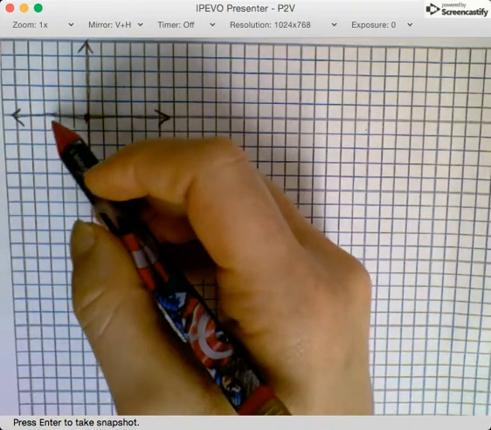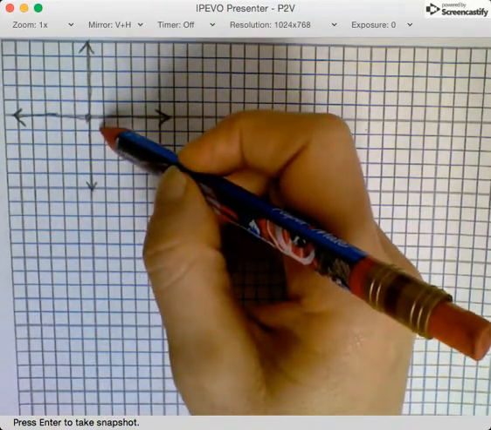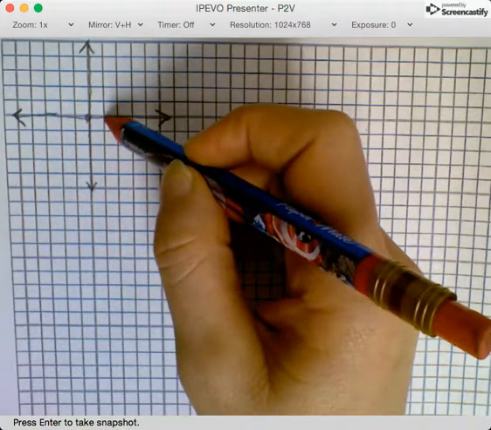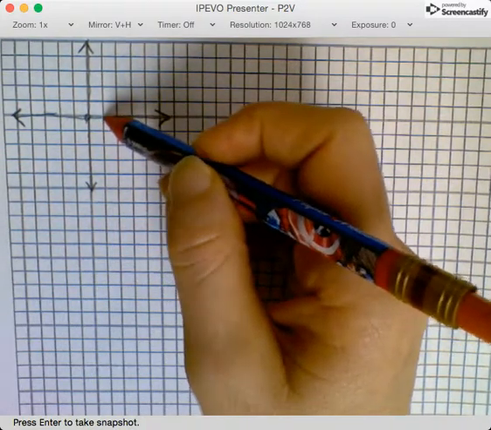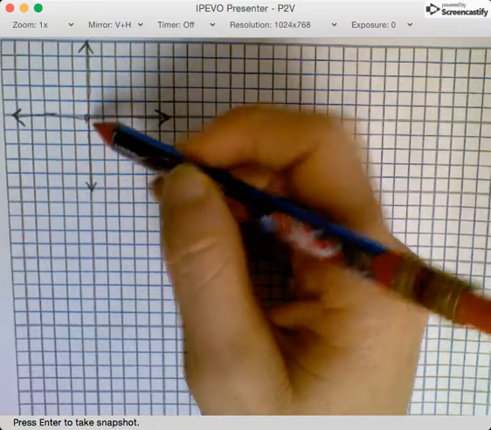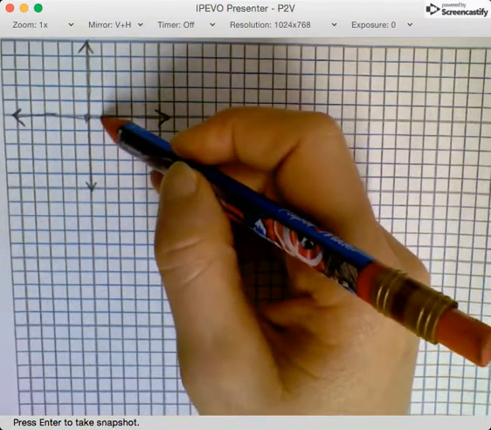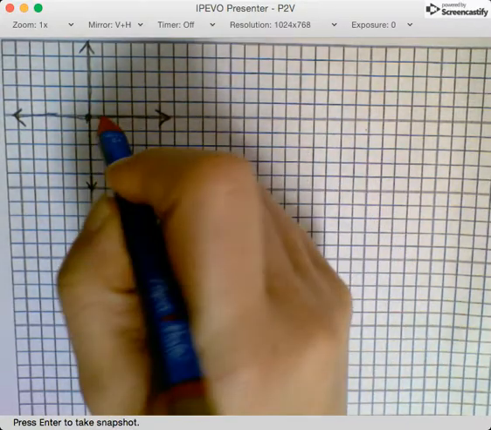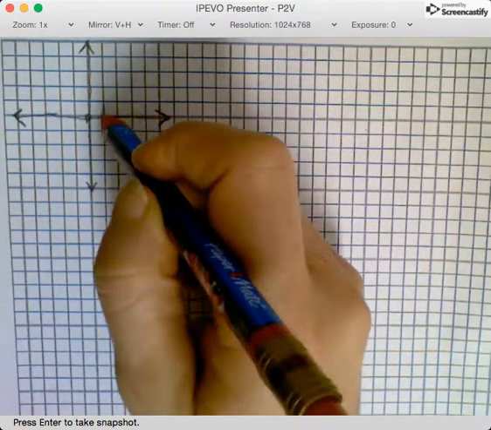Just like when we make number lines, our coordinate plane can be numbered at different increments. To be more simple, I'm going to have the increments on this one just be ones.